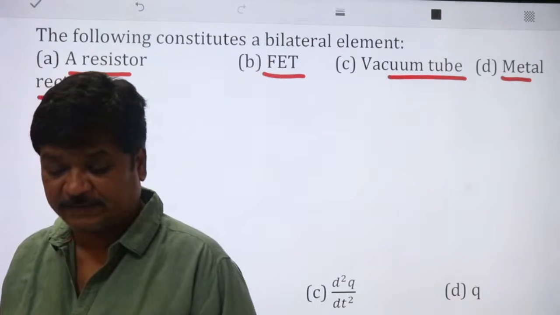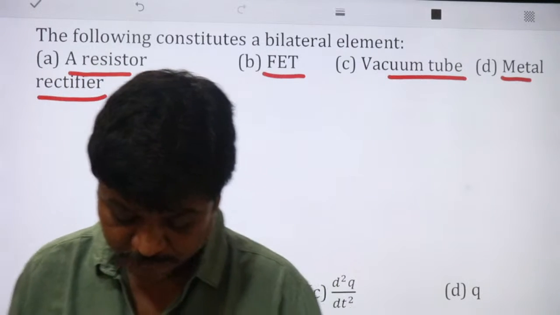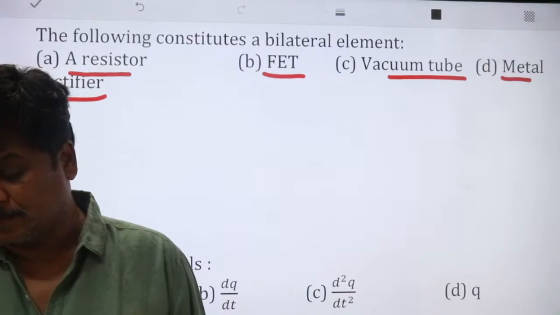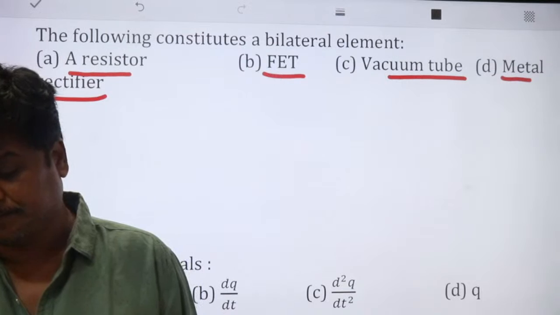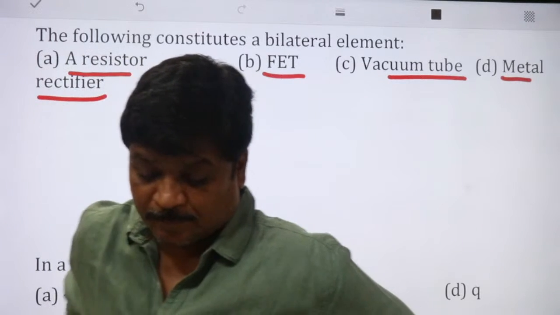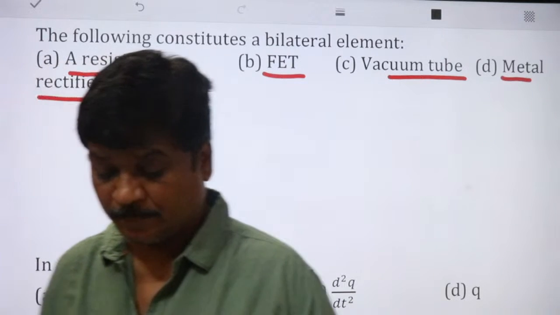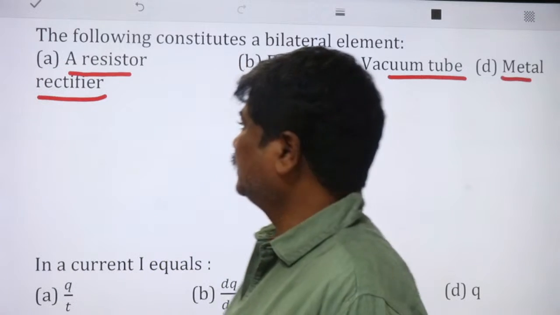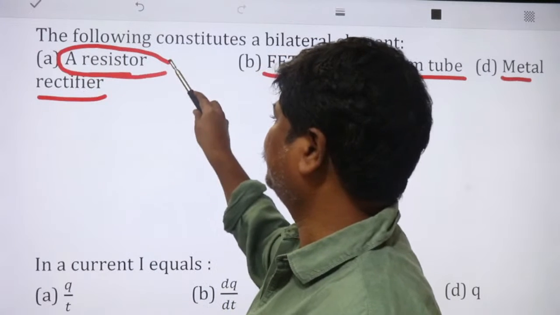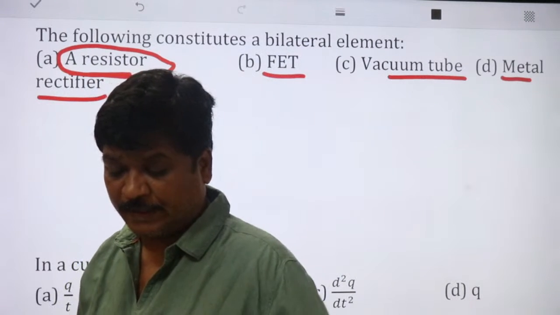What is the answer for this? So, the bilateral element is a resistor. Yes, all of you.